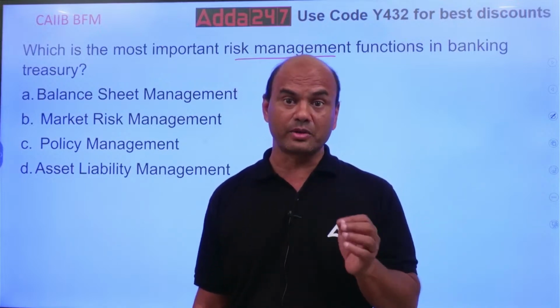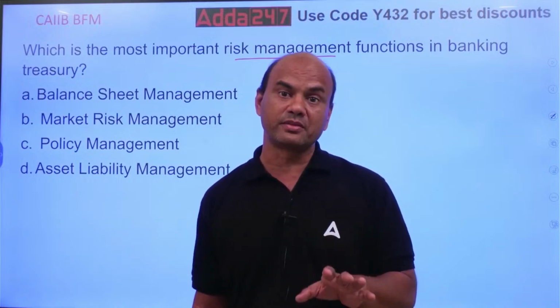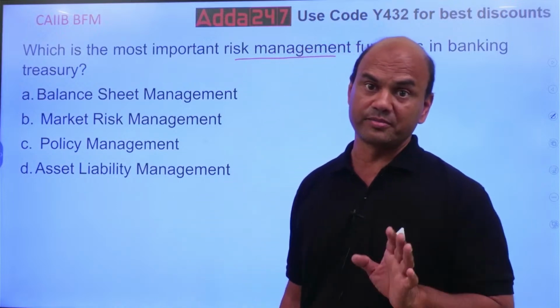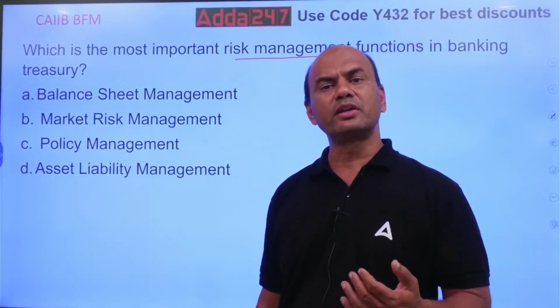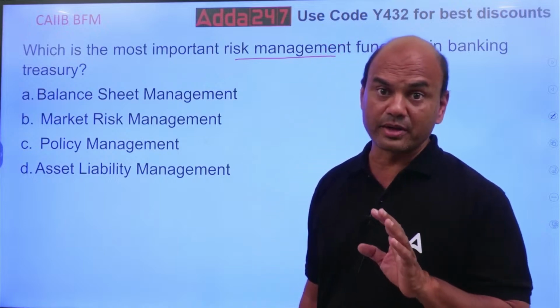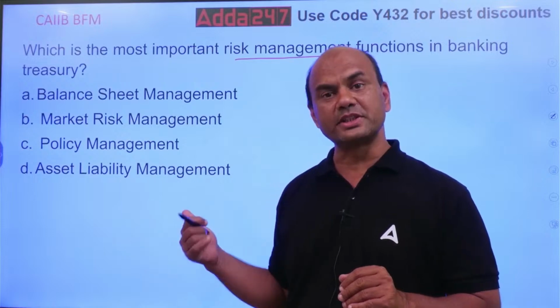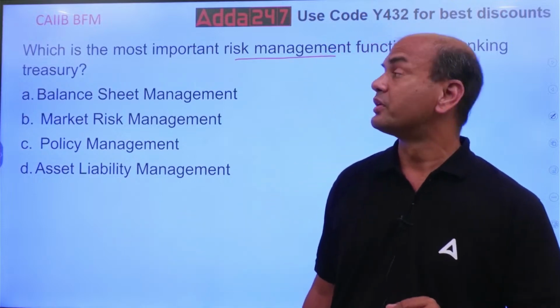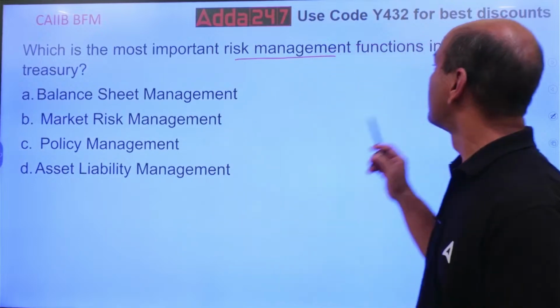But main job, if you ask me 80-20 principle, 80% of the job is short-term liquidity. Short-term means in the sense, it can go up to 6 months. RBI is very particular about 28 days. So this can go up to 6 months. Got it? So what is the main job under risk management for the treasury?